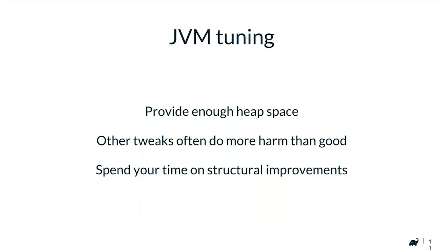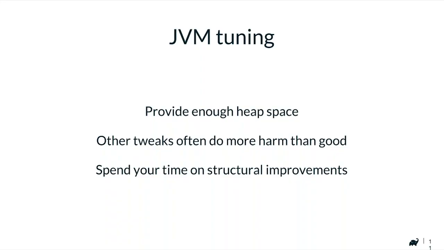And then just one word of caution about JVM tuning. I've seen it a lot, especially on Stack Overflow: just paste these 20 JVM arguments in your Gradle properties and everything will be fine. That doesn't work. Just give the daemon enough heap space and leave the JVM to itself, right? It's pretty well optimized. And would you also say don't give it too much?